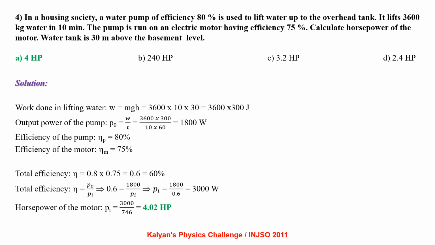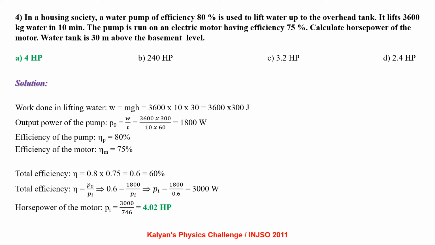Work done in lifting water W = mgh, that is 3600 into 10 into 30, which is 3600 into 300 joule. Output power of the pump P0 = work done by time, that is 3600 into 300 by 10 into 60, which comes out to be 1800 watt. Efficiency of the pump is 80%, efficiency of the motor is 75%.